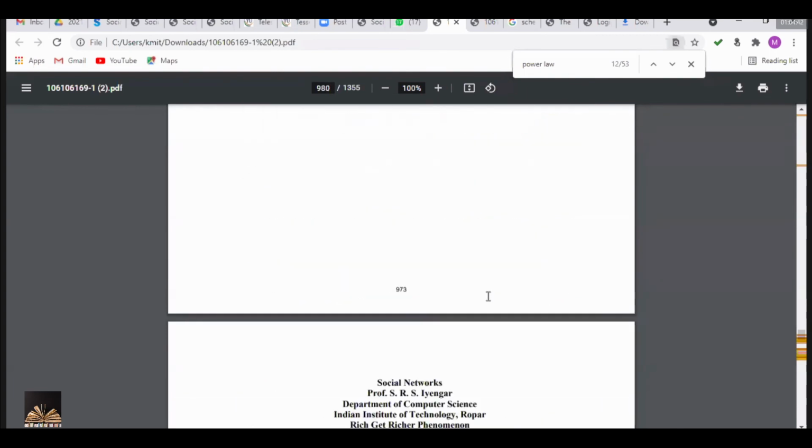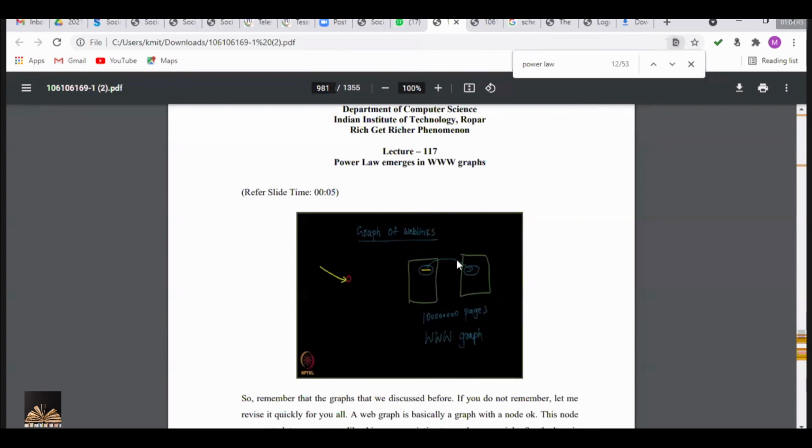But when it is coming to the World Wide Web, normally if an edge is coming to a node, it means some page is directing to this node. In a website, a page directs to some other page, so I will have an edge from that node to this node.